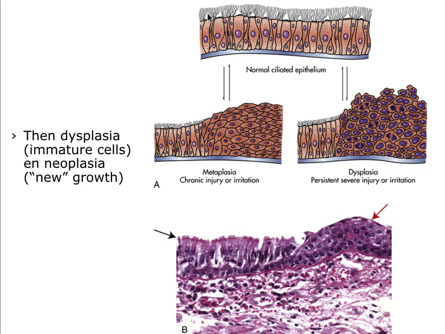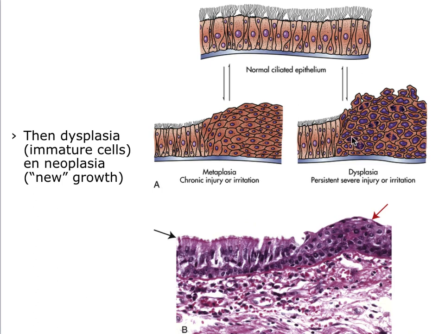Here again, normal epithelium with the cilia. When smoking you get metaplasia, so you get squamous epithelium covering the airways, and if that smoke is continuously also affecting those squamous epithelial cells, these epithelial cells can change, their DNA changes, and you get dysplasia.